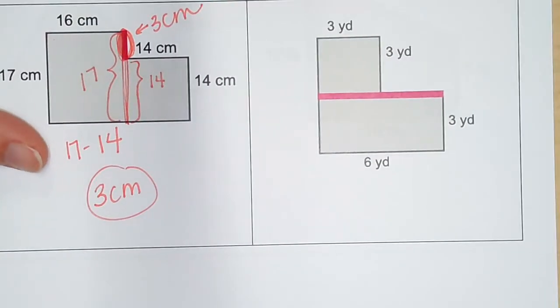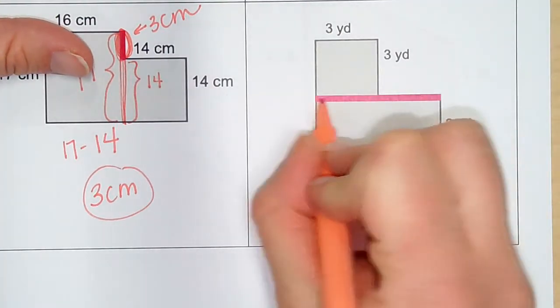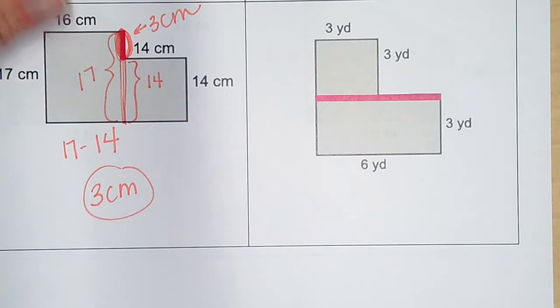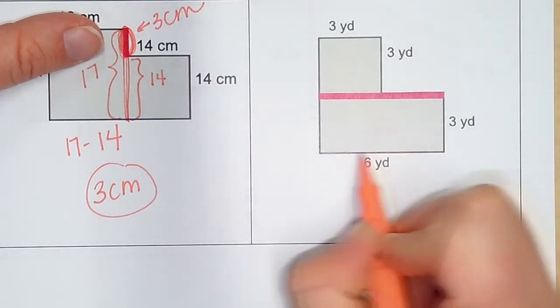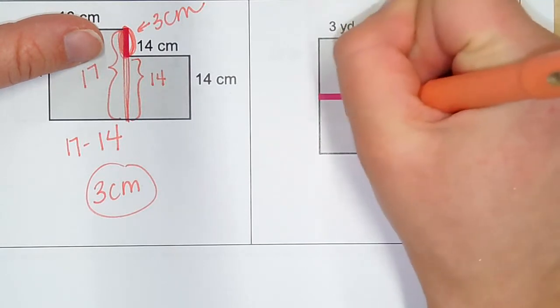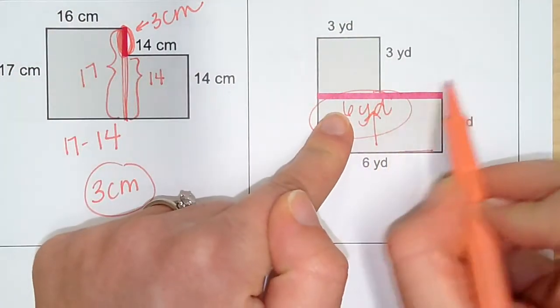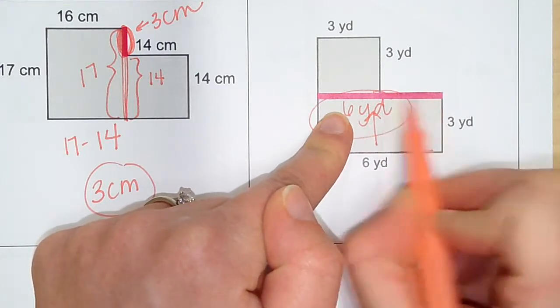One more rectangular composite figure. We want to find out what this is, and we would see that it is opposite of this 6 yards, so it is simply 6 yards. From there, we could even go and determine what this little guy is.